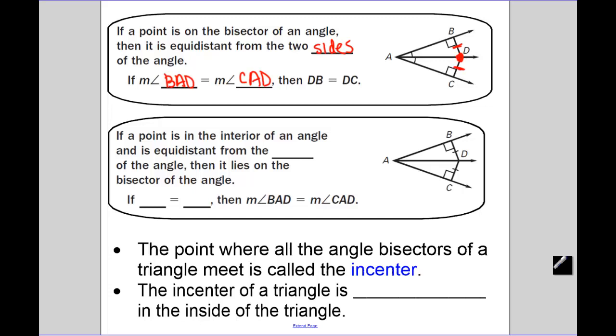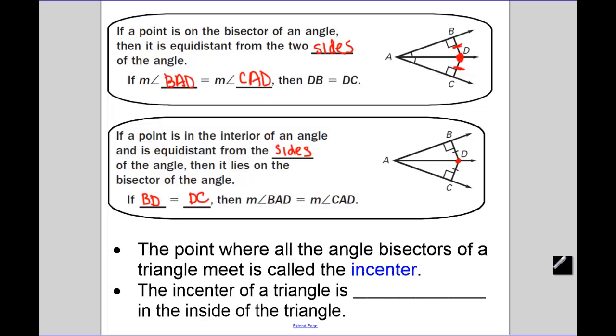Now, if a point is in the interior of an angle and it is equidistant, so from point D, when I calculate the perpendicular distance from the sides of the angle, then it lies on the angle bisector. So now it's the converse of that. So BD is equal to DC.